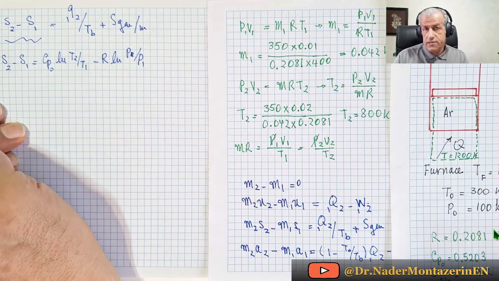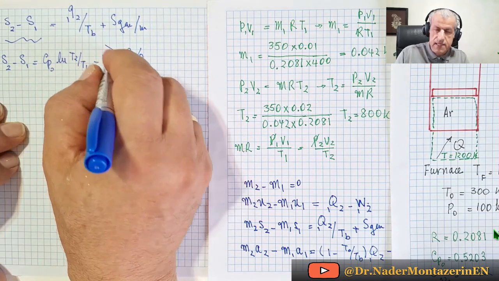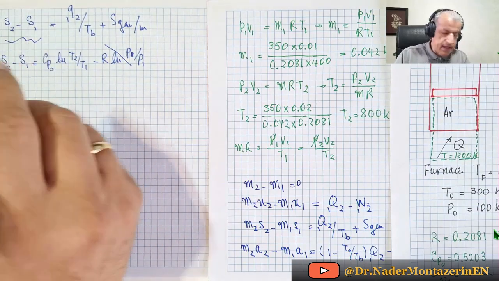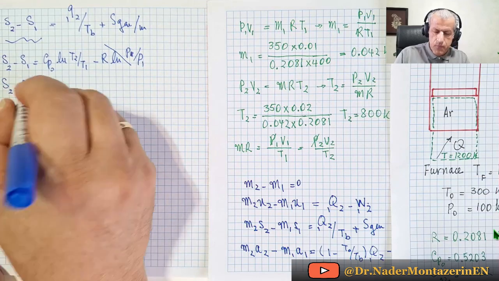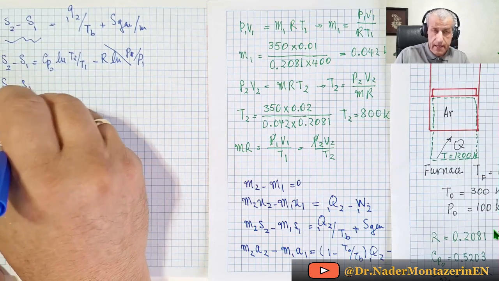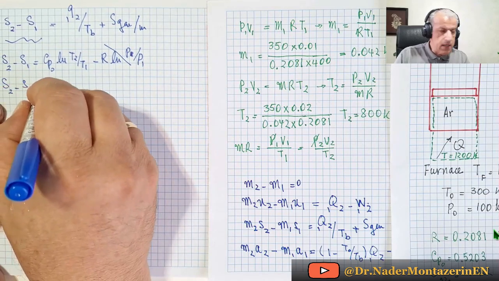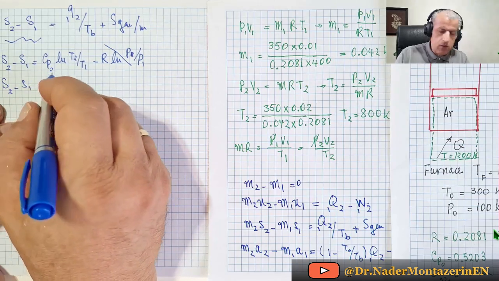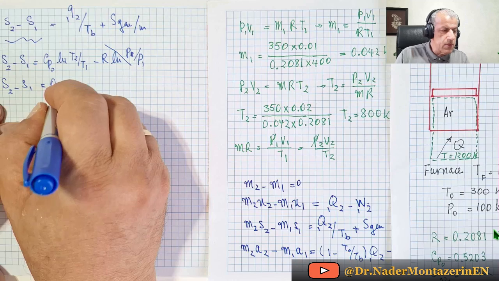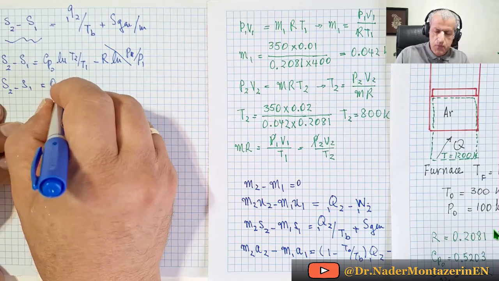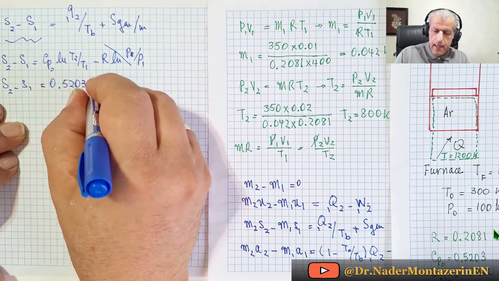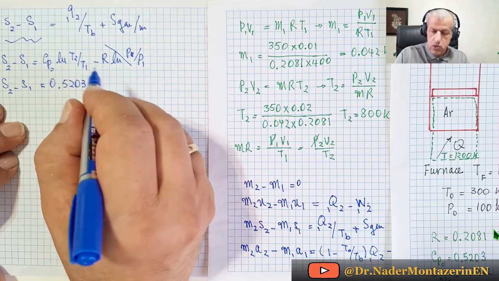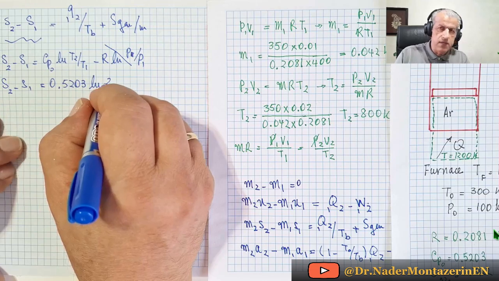Since it's a constant pressure process, this term cancels out, and therefore S2 minus S1, these are not capital S, these are S per unit mass, equals Cp0, which is 0.5203, ln, and the temperature ratio is 2, as we have already calculated it.